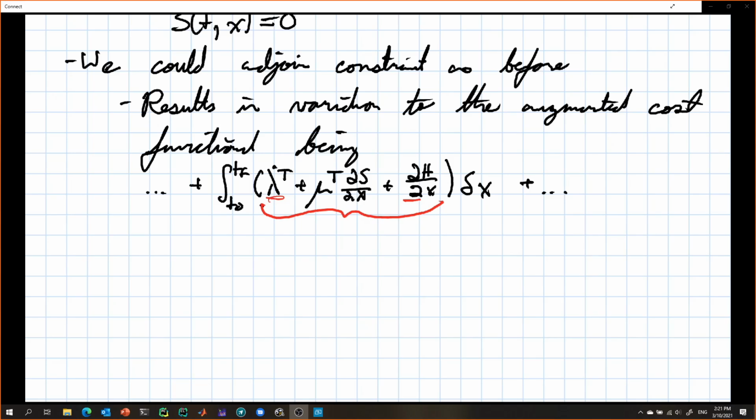Instead, we have these other Lagrange multipliers in here, and this partial with respect to the constraints. So that's difficult, to choose co-states and these other Lagrange multipliers simultaneously.